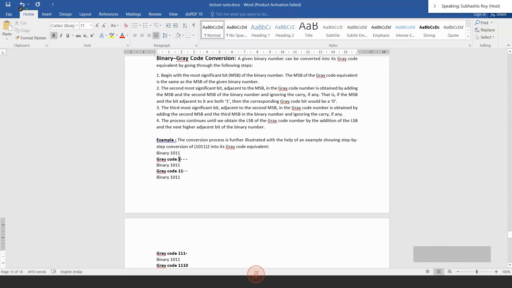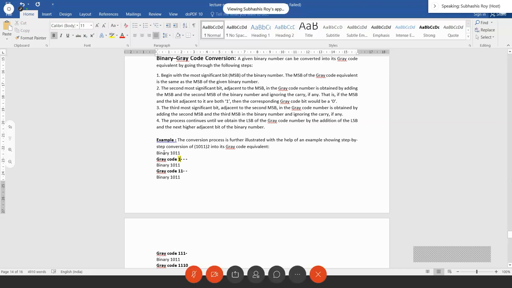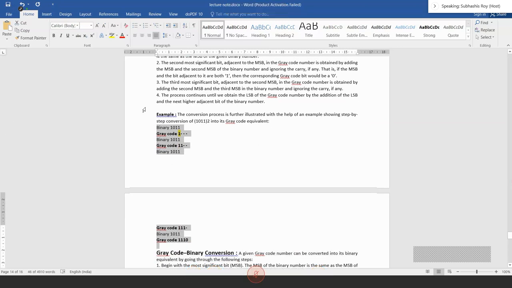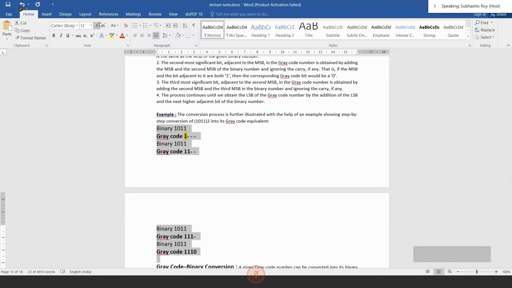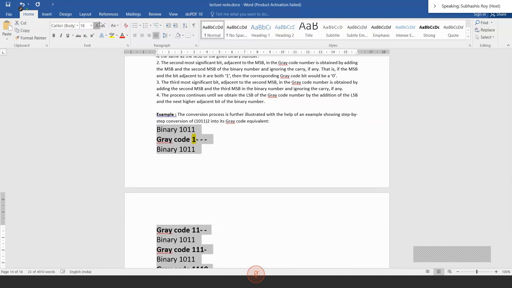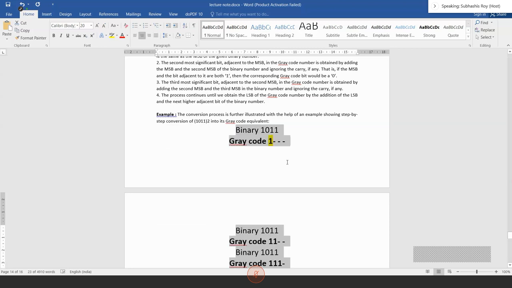Let me magnify this part first. Keep this in mind. This is the binary number 1011, and now you need to convert it to gray code. First, the binary MSB is copied to the gray MSB.